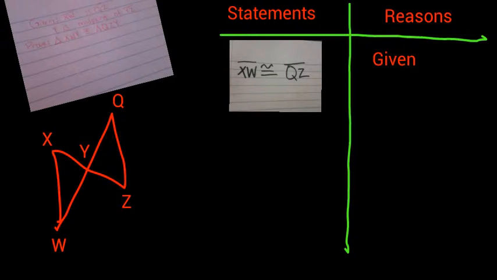Next, we have angle Q is congruent to angle W, or angle X is congruent to angle Z. It doesn't say this, but we know that if two parallel lines are cut by a transversal, then alternate interior angles are congruent.